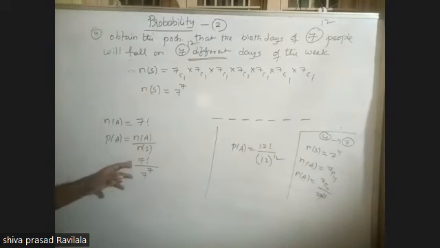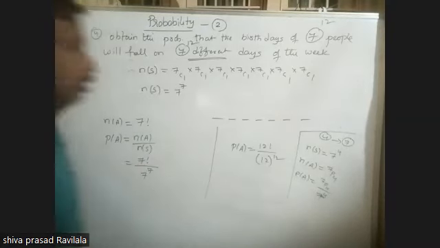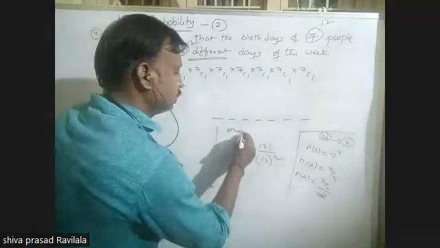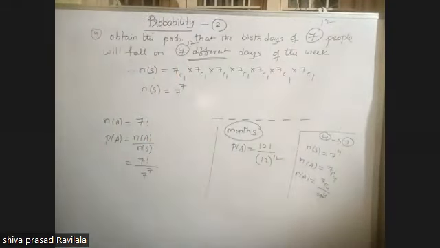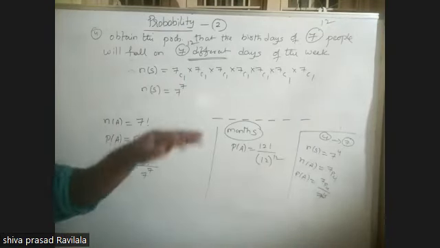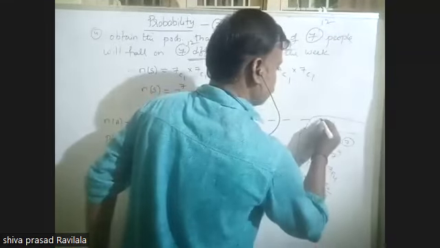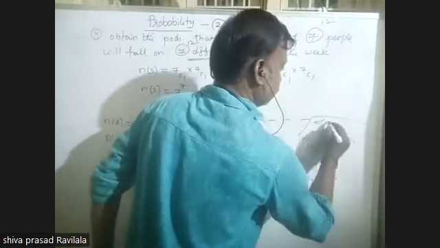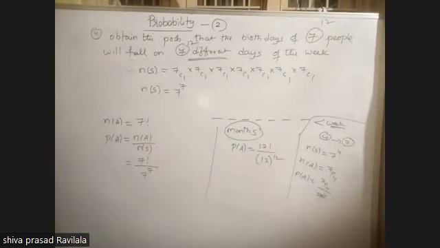For equal students like this, 7 factorial by 7 power 7 per week. Per month, 12 factorial by 12 power 12. In this condition, months. And here, the persons are less than 7, I mean less than a week or less than a month. Persons are less than a week.